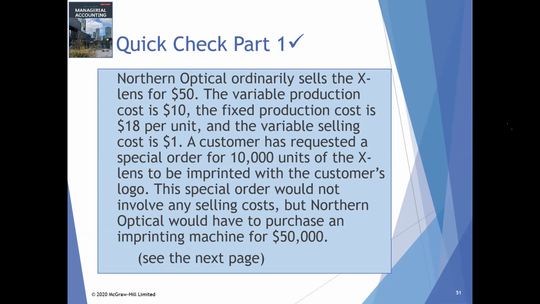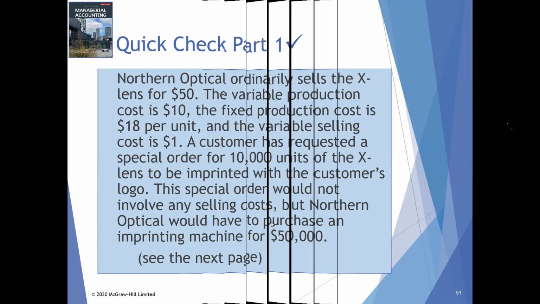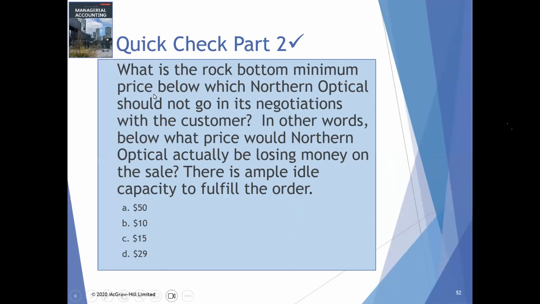It means now in this case, we want to calculate something. So this is the scenario. The next slide will show you what is the rock bottom minimum price below which Northern Optical should not go in its negotiation with the customer.